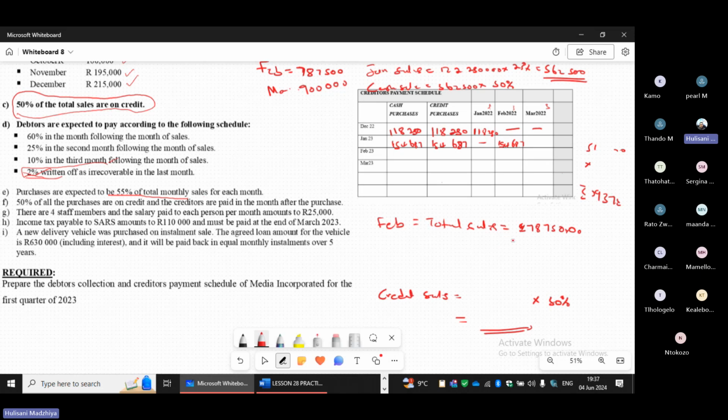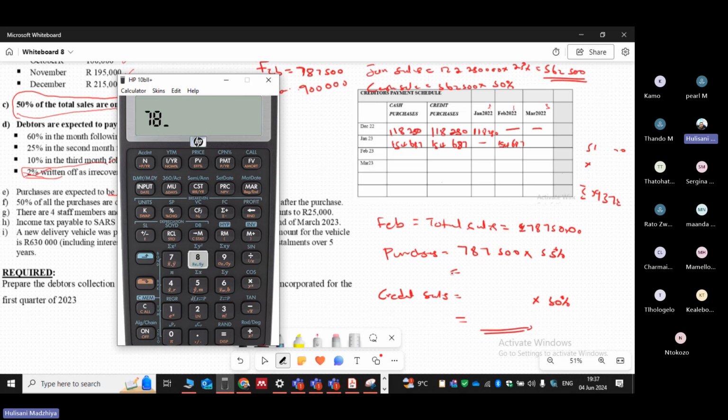So which means that the purchases for February is equal to 787,500 multiplied by 55%. This will then give you the total purchase for February. So we're gonna use our calculator.